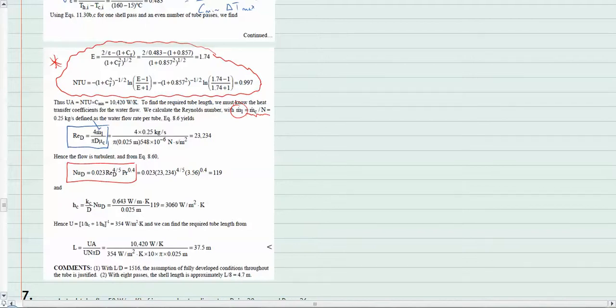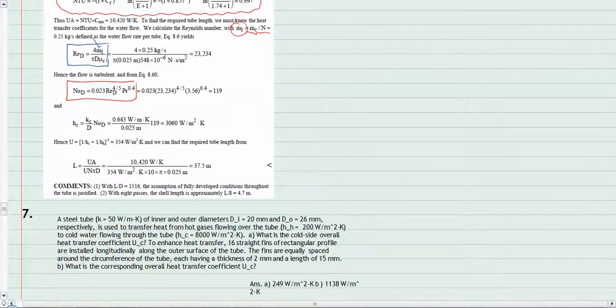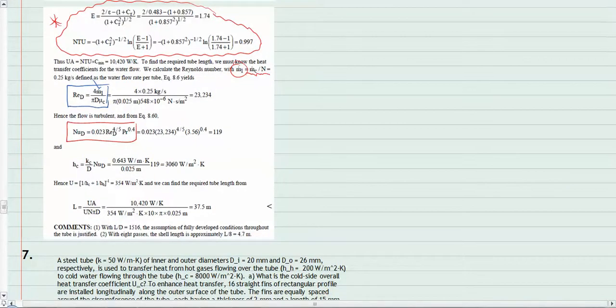As I mentioned in class, I've made that mistake a few times. The rest of it is essentially an NTU calculation, utilizing this NTU value down here to solve for the remaining last unknown, which is the length.